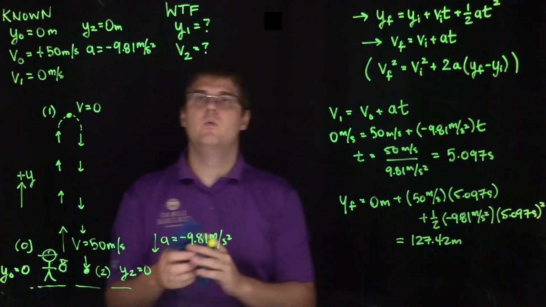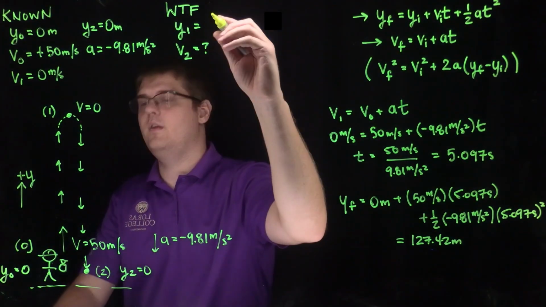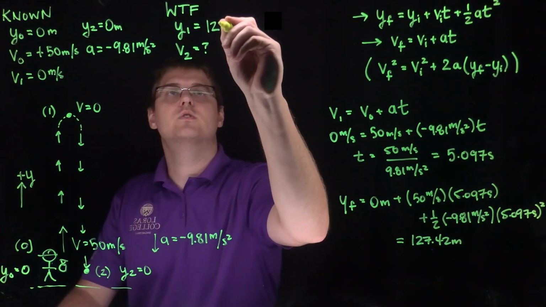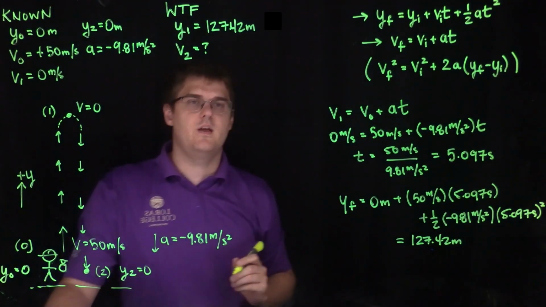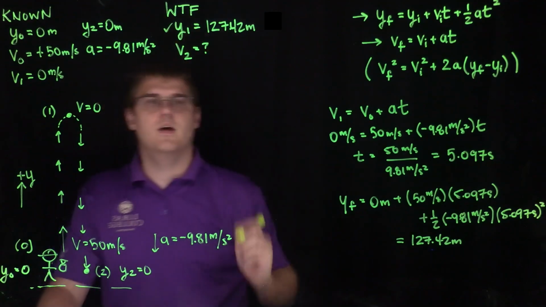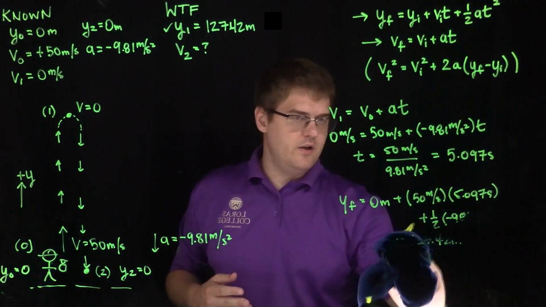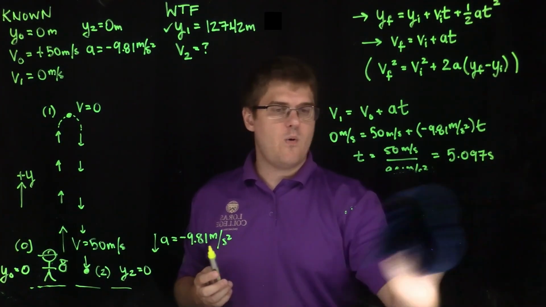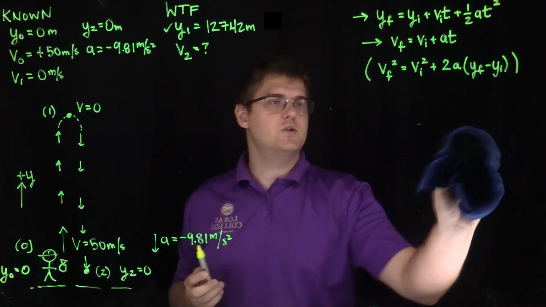So y1 is, Billy is launching this balloon an incredible 127.42 meters into the air. And that is done. That is one way to solve it, and that is how I like to do it, because it means I have to memorize one fewer equation.